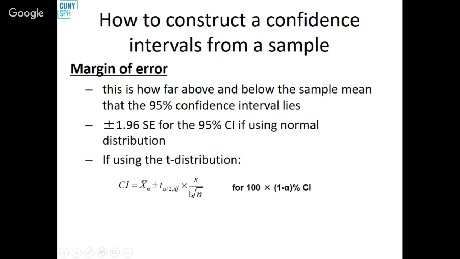You look up this critical value of t for the specified level of alpha and the degrees of freedom of your t-distribution, which is just your number of observations in the sample minus 1, and multiply that by the standard deviation estimated from the sample divided by the square root of the sample size.